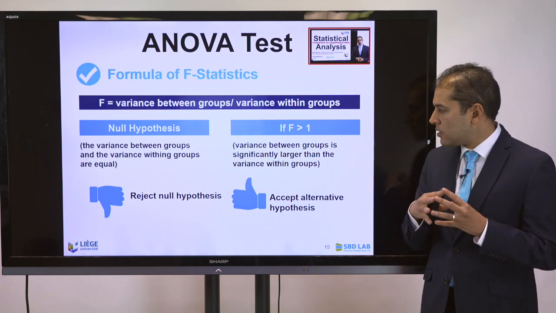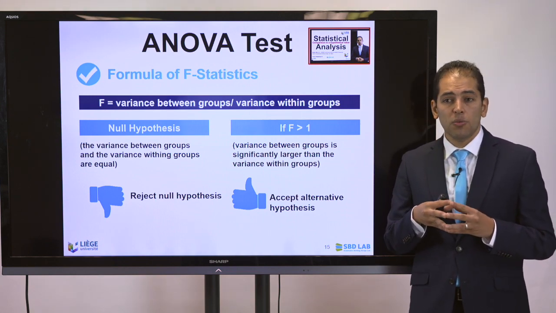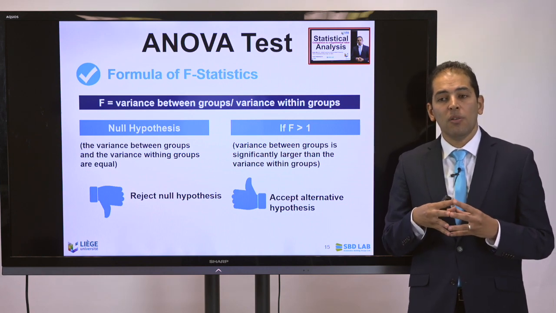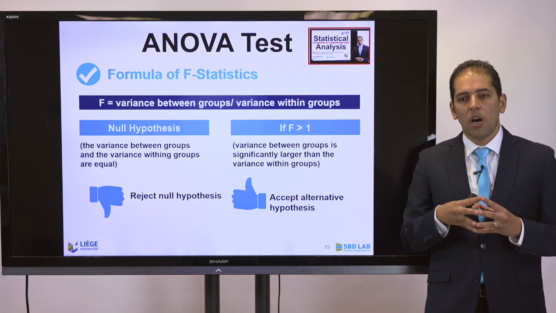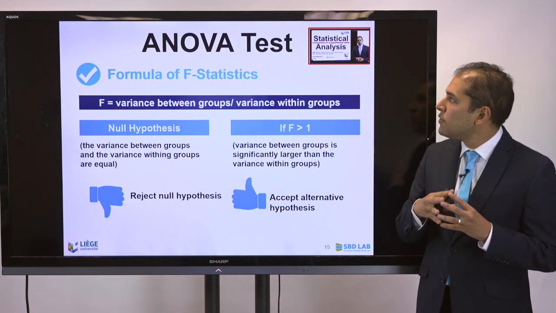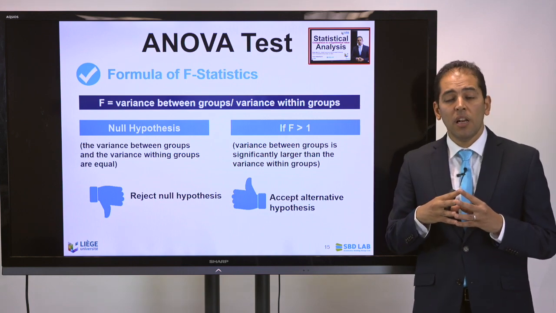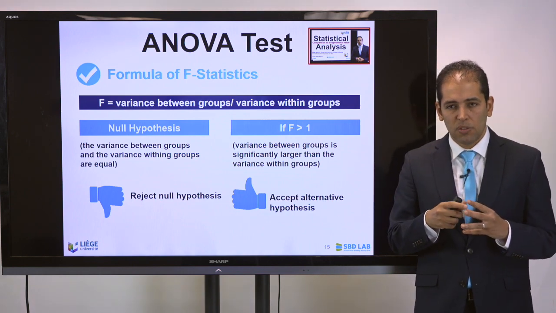But if the variance between the groups is significantly larger than the variance within the groups and we have a value of F higher than 1, then we can accept the alternative hypothesis. And I refer you here to watch the previous videos on statistical analysis for the comparison to a hypothetical value if you want to get more insight on that.